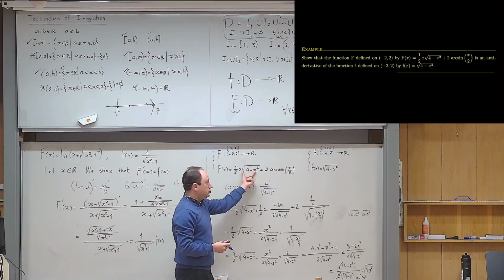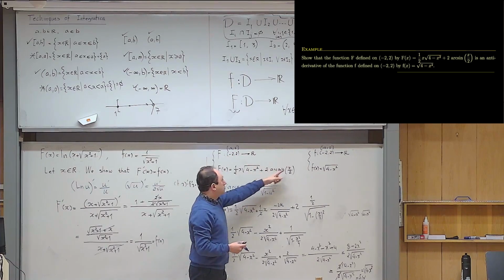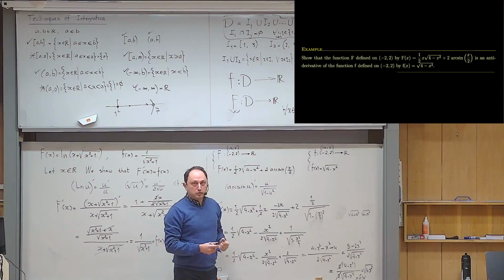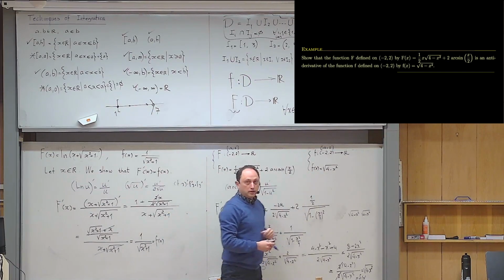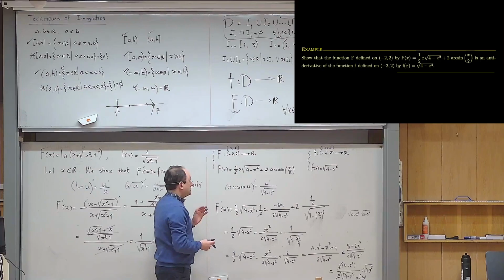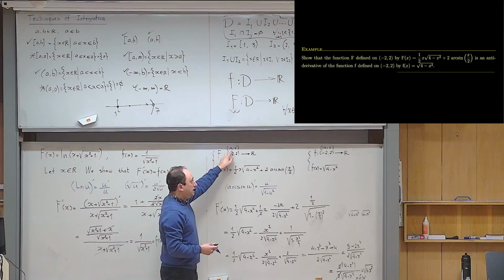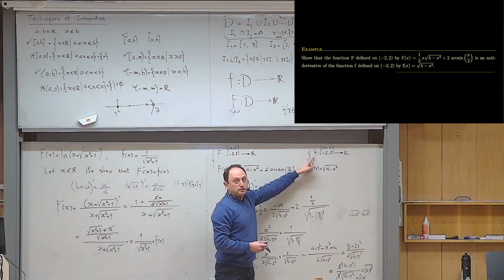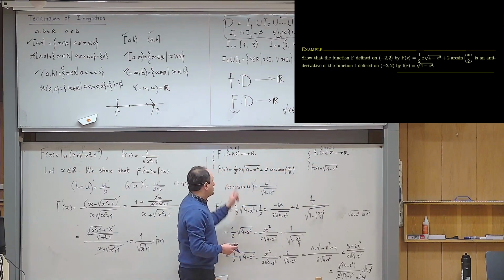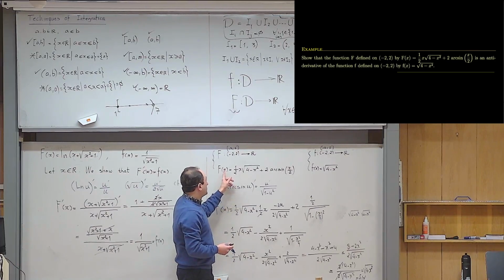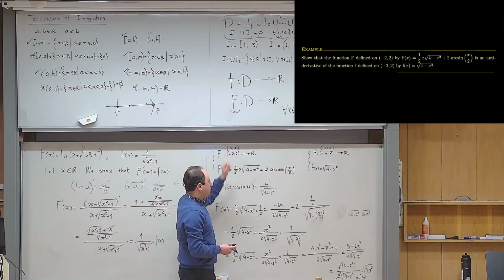This simply becomes 0. And if I put 2 or -2 here, this becomes arc sine of 1 or -1. Both of them are defined. And same story here. That's also defined. But still, I cannot say that the capital F defined with this new domain is an antiderivative of little f with that domain, because these functions are not differentiable. This function is not differentiable at this point or that point.